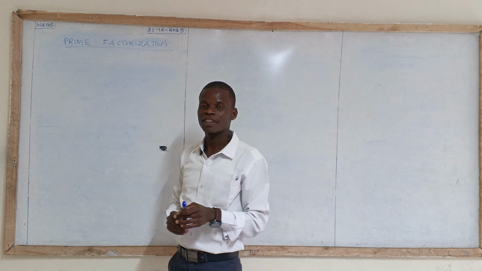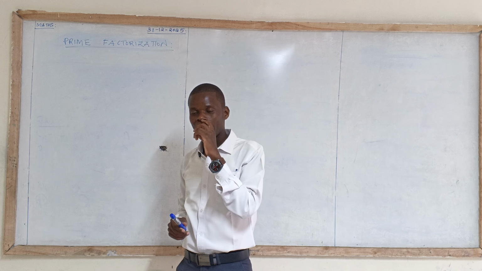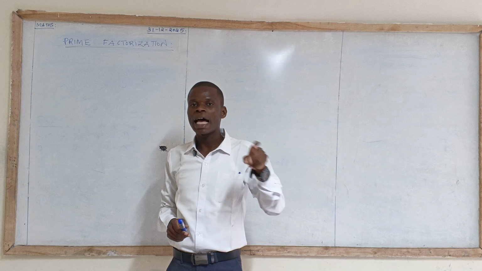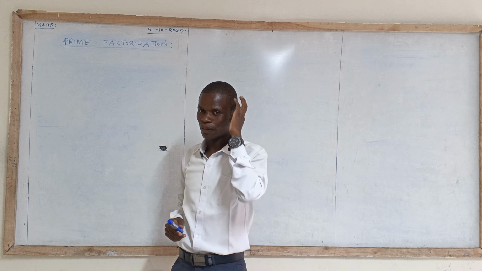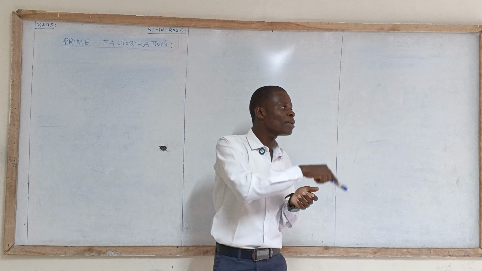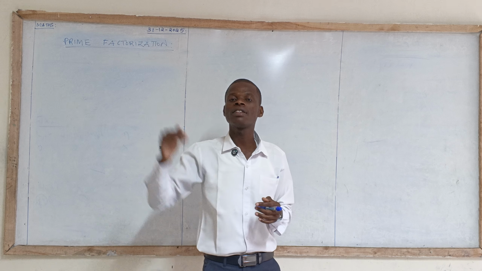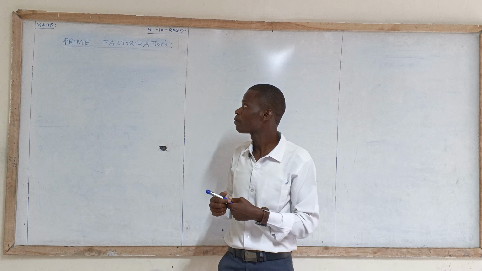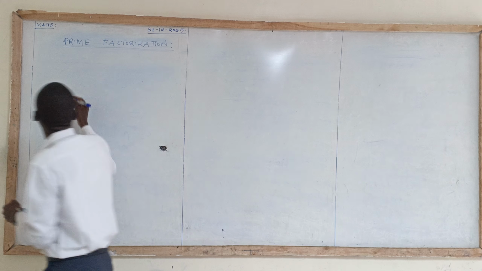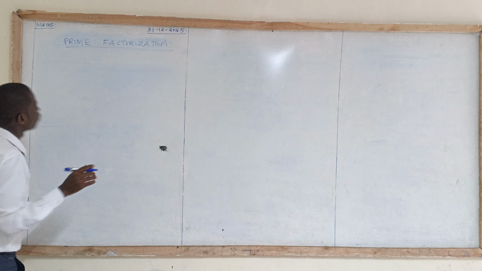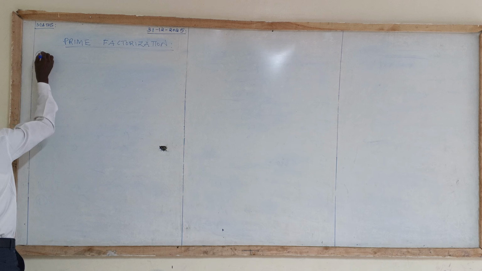Prime factors. Now, remember, prime numbers had only two factors. The opposite of prime numbers is composite numbers, numbers with more than two factors. Now, we have a word here that we don't know, composite numbers.